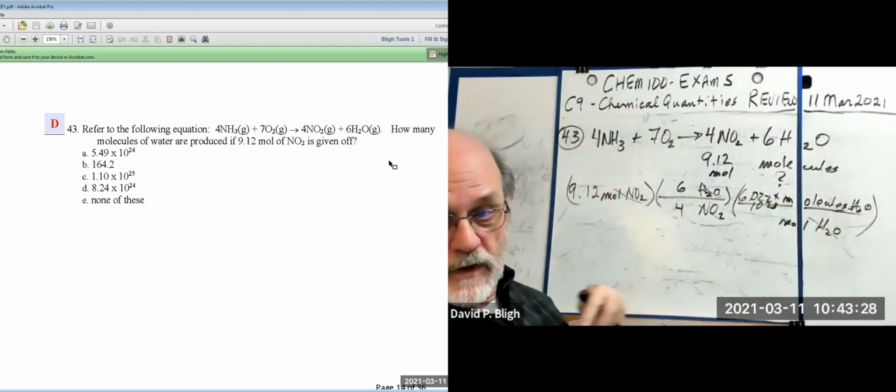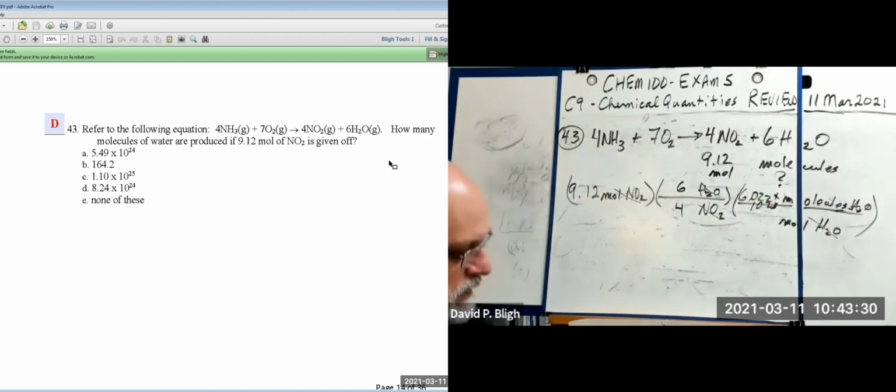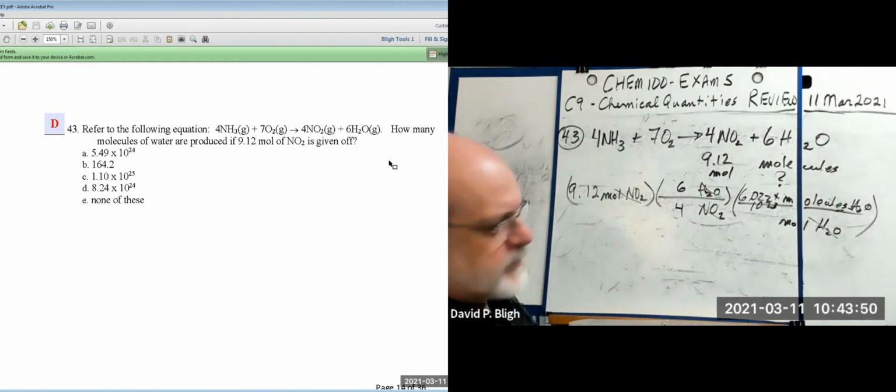So that way we can do it all in one calculation. 9.12 times 6 divided by 4, and then times 6.022 10 to the 23rd. So I get, 3 significant figures, 8.24 times 10 to the 24th.